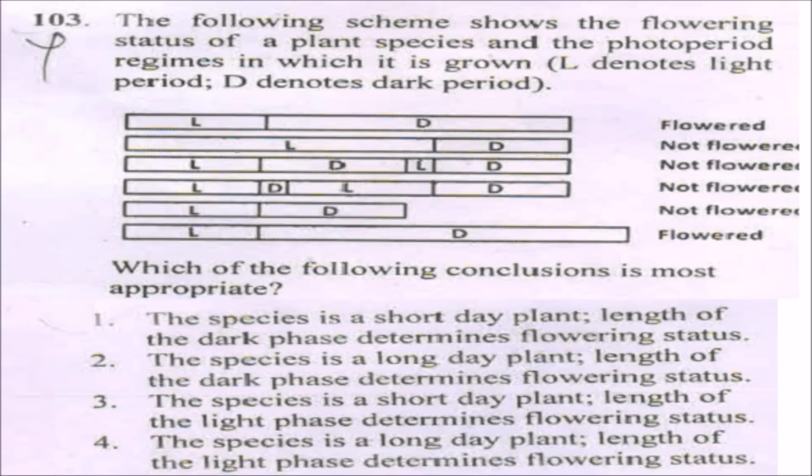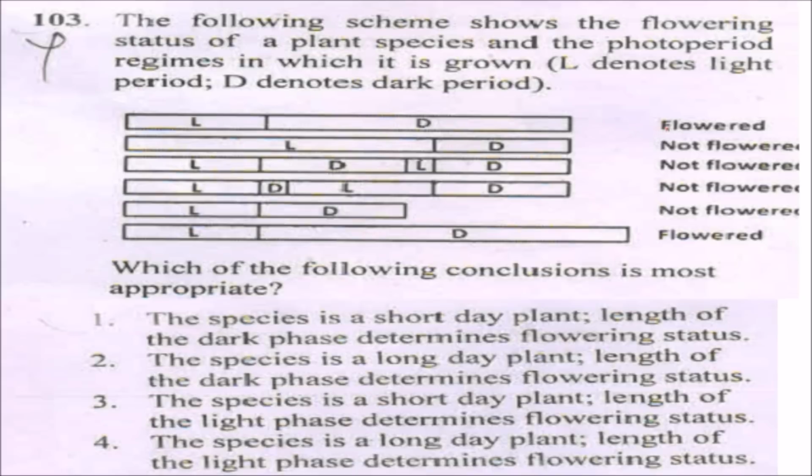Next one, quite simple questions. The following scheme shows the flowering status of a plant species and the photoperiods in which it is grown. L denotes the light period and D denotes the dark period.